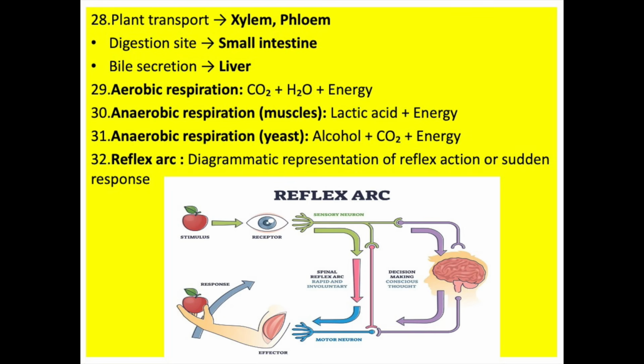So in this process, first the stimulus is taken by the eyes. Eye gives the information to the brain or spinal cord, and the spinal cord responds. After the response, the effector, which is the muscles of the hand, catches the apple in the hand.